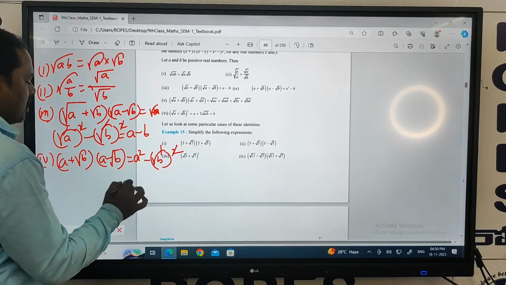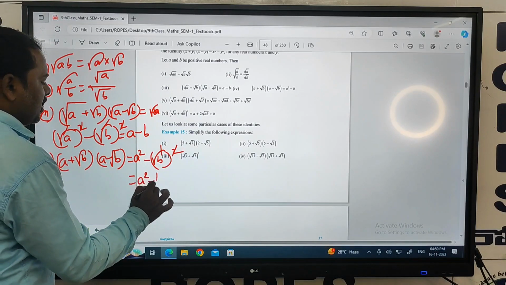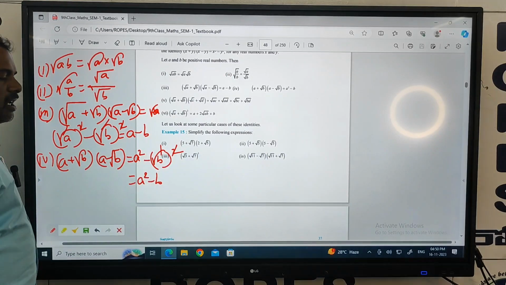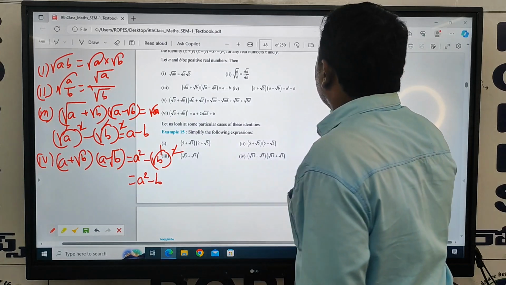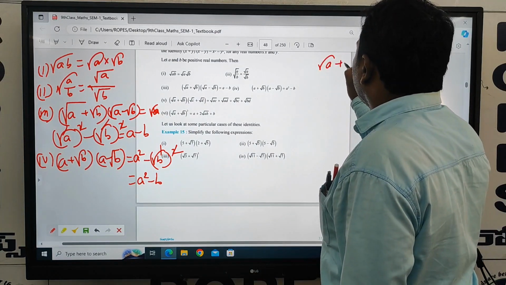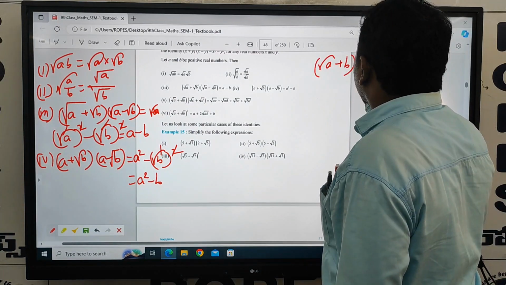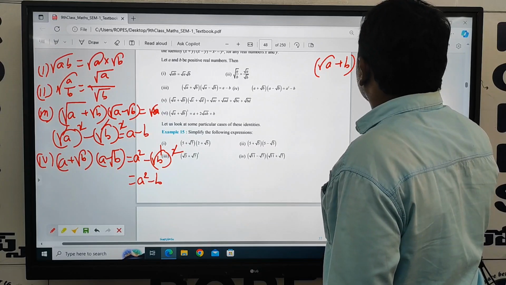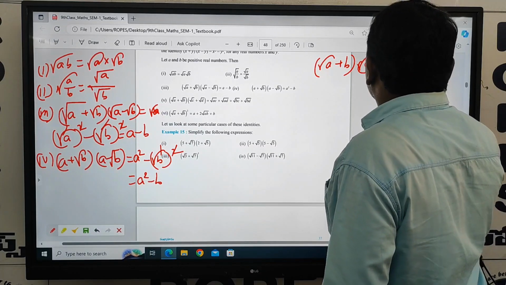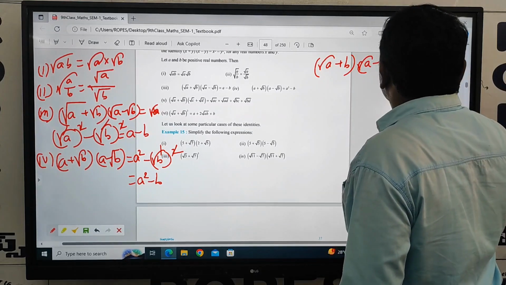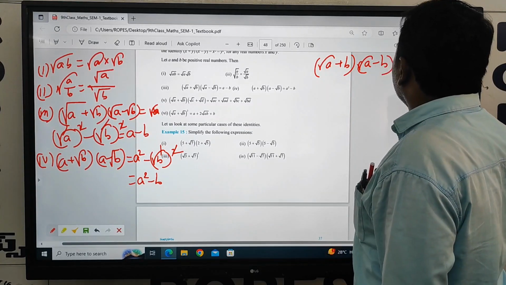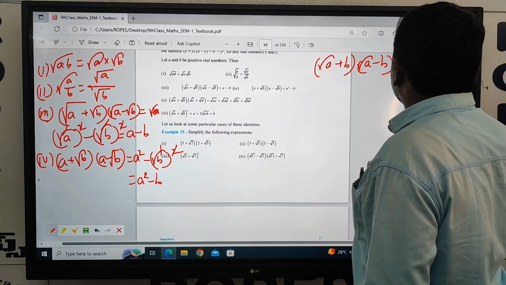The square and root cancel, so we get A square minus B. Next, (root A plus B) into (root A minus B) is equal to root A whole square minus B square. The square and root cancel, so we get A minus B square.